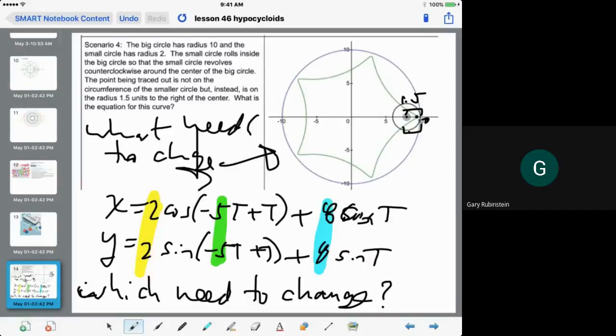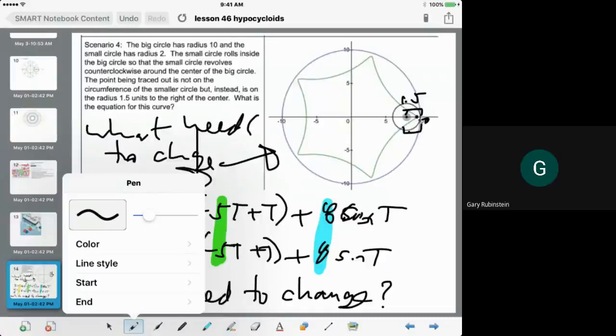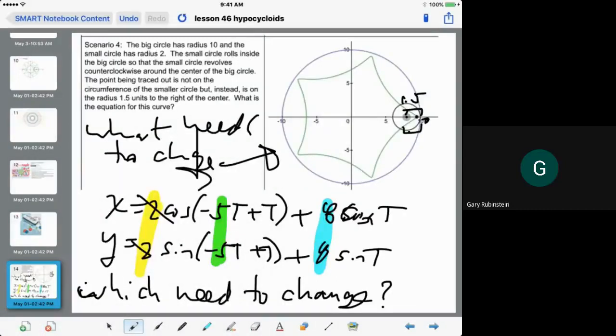How many people think the yellow needs to change? And if it does, what should the yellow change into? Okay, Talia says 1.5, and that is correct. And the yellow actually does have to change.